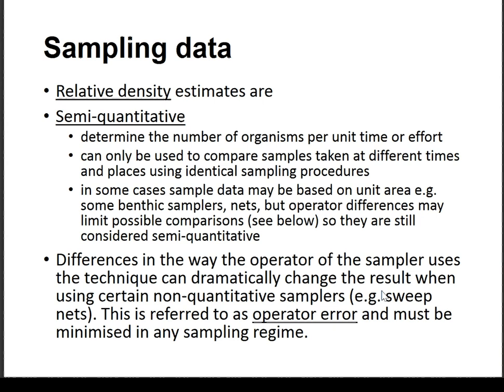So sampling data, okay, can be semi-quantitative, maybe looking at a number of organisms or a number of individuals per unit time. Okay. Now, you can see problems with that because it's really going to depend on how fast you count that you are going to get a different number of organisms. So somebody who counts very fast will tend to get a larger number of organisms or a higher density of organisms in their sample point, as opposed to somebody who counts much more slowly.